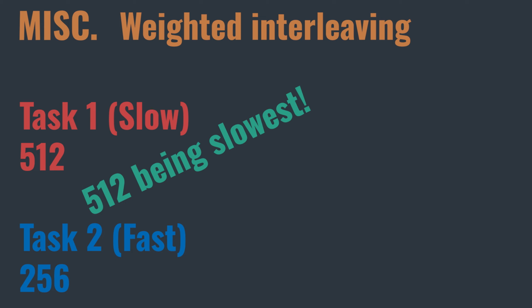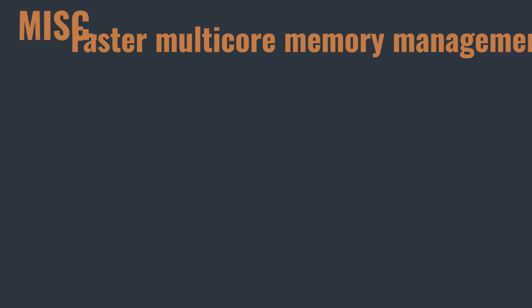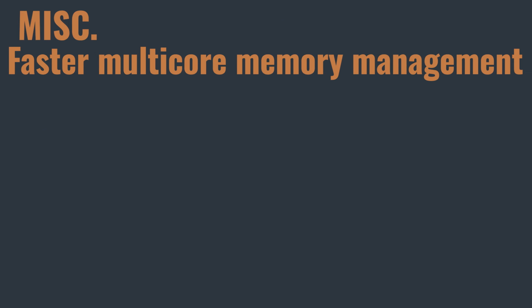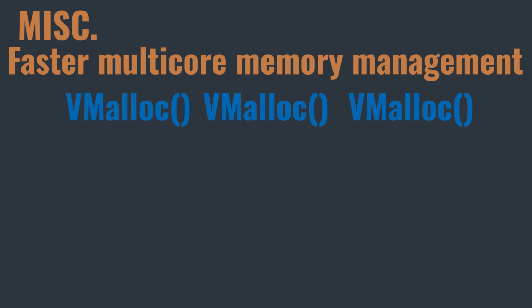Following on a nice addition that adds up in performance, we have a patch that allows faster memory management in multi-core applications. So the way that they did this is, one of the devs looked at a command, vmalloc, and turns out when you use vmalloc multiple times on multiple cores at the same time, it really slows down.